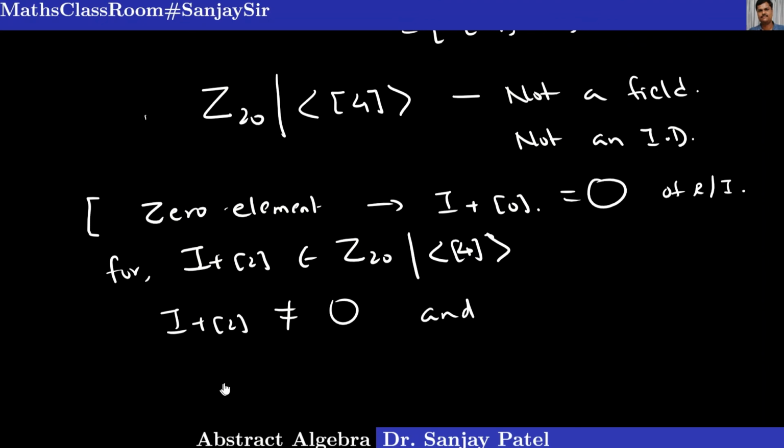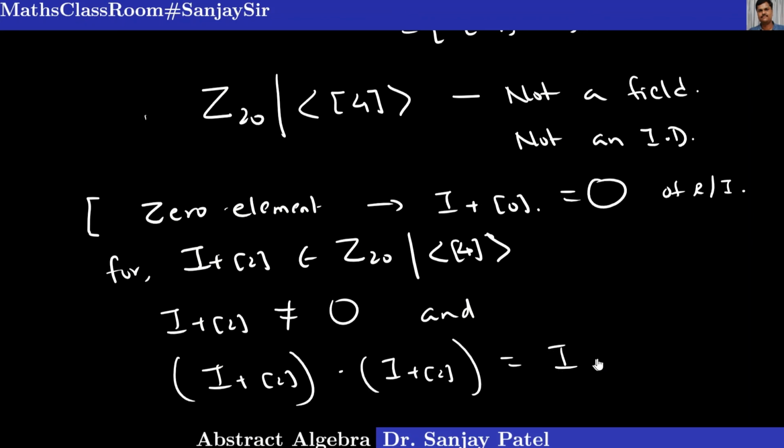And I plus 2 dot I plus 2, if you do this way, then you will get I plus 4. And I plus 4 is the same as I plus 0. That is equal to I plus class 0, which is 0. So that means here A is not 0 and B is not 0, but A into B equal to 0. That means this ring has zero divisors. So it is not an integral domain and therefore it is not a field also.